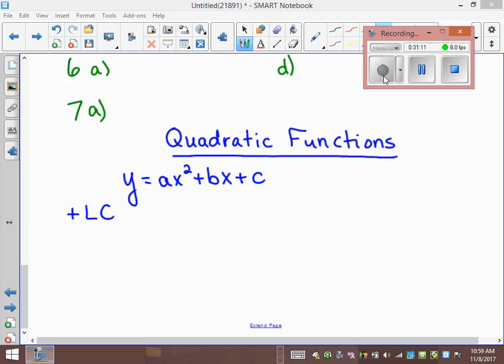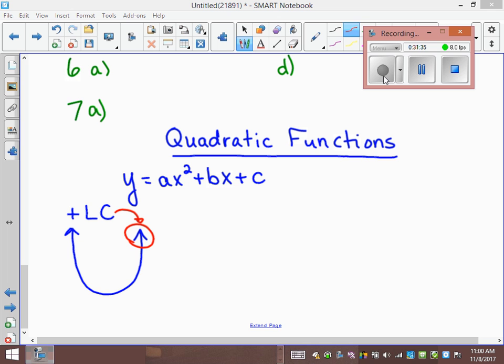So if I have a positive leading coefficient, it ends up on the right, but it also ends up on the left. So it still follows the same rule where it's up on the right. It's just because it's a quadratic, you must know that it also is up on the left then too. Okay?